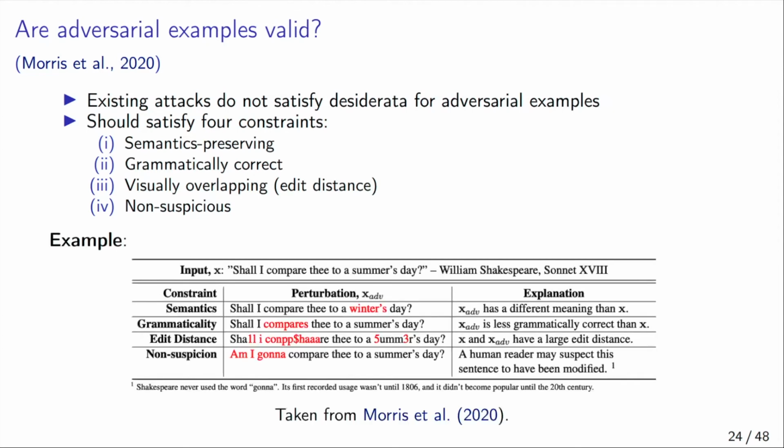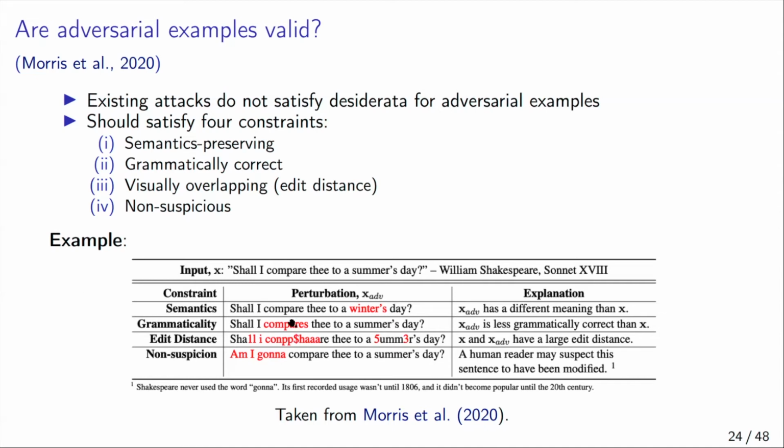Here are examples of how these constraints can be violated. A clean, unperturbed input sequence in this case is, "Shall I compare thee to a summer's day?" If you change summers to winters, in this row here, this is the violation of the semantics constraint, because the adversarial example has a different meaning from the clean input sequence.